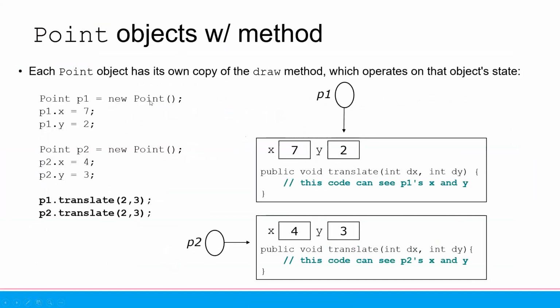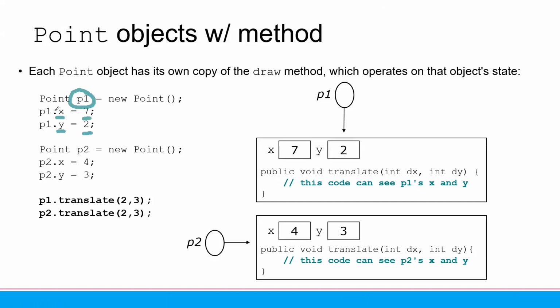We first make the object P1. So this is object P1, and then I will put the value for x equals 7 and the value for y equals 2.